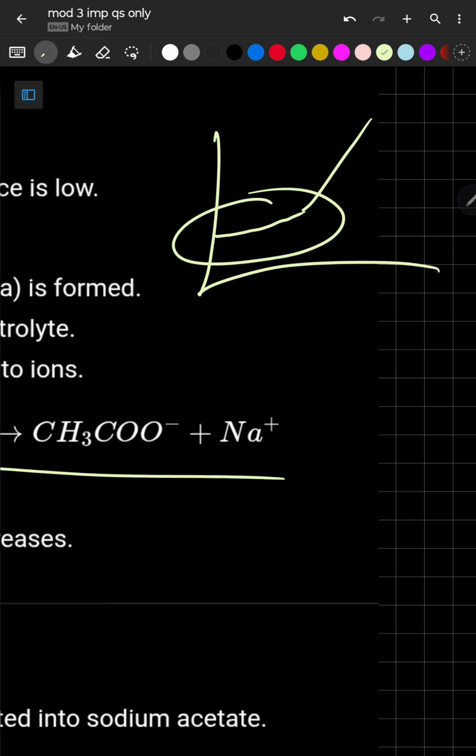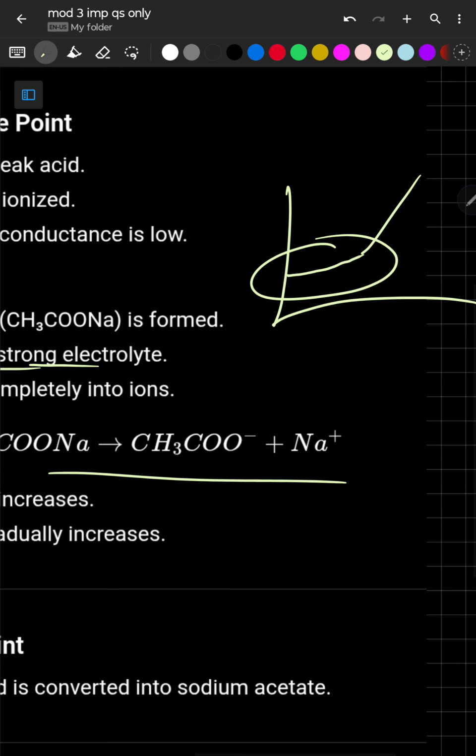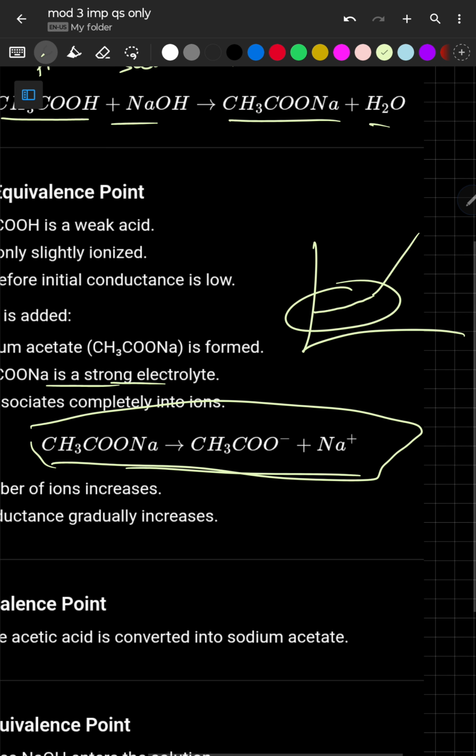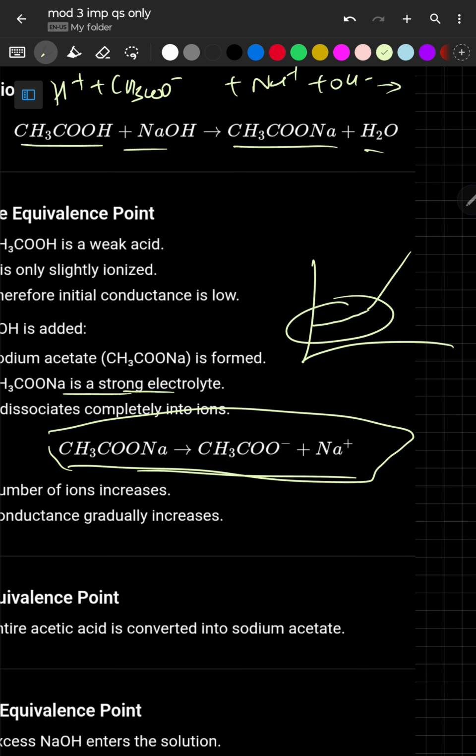When we add NaOH, CH3COONa can dissociate into ions completely. That's the reaction you have to remember in exams. So the number of ions increases, so conductance increases gradually.